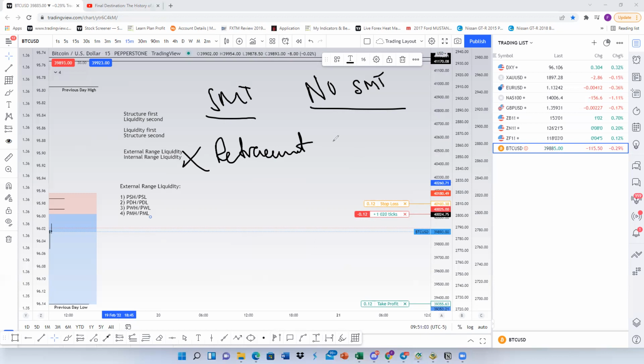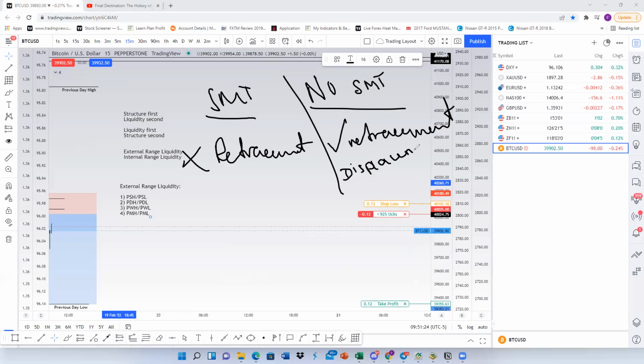No SMT, deep retracement, deep retracement relative to the range broken. That is how you'd go about it. Also, you need displacement. These are the two ways to go about looking at price action in terms of structure, liquidity, and all that.